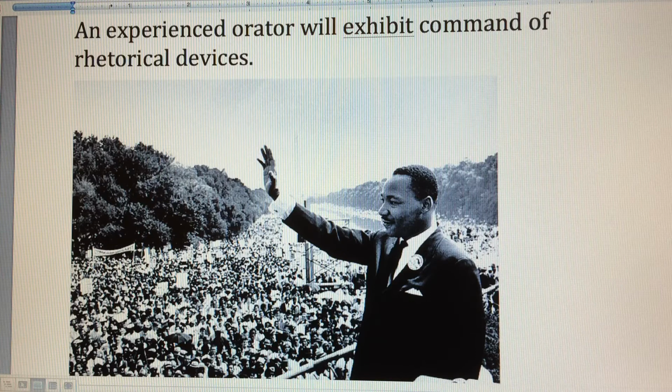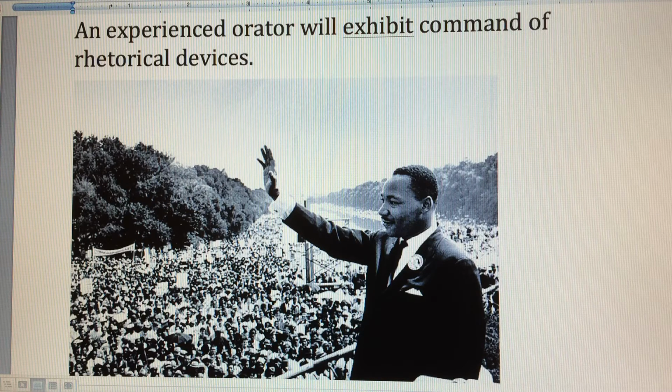Rhetorical devices are ways that we speak to make it easier to communicate. They can include figurative language like metaphors or similes. It can also include things like irony and repetition. For example, in Martin Luther King's speech, I Have a Dream, everyone remembers the name of the speech because he repeats it several times.